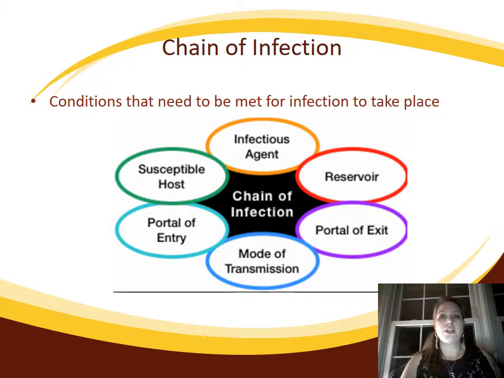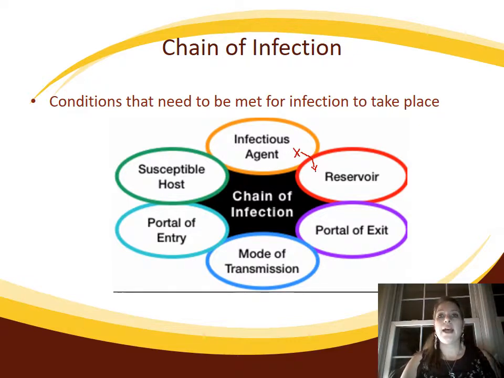And the chain of infection doesn't really have a start or end, but we'll just start here. You have an infectious agent. This infectious agent moves into what is called a reservoir. That reservoir is a human, an animal, anything that is able to support that particular microorganism.